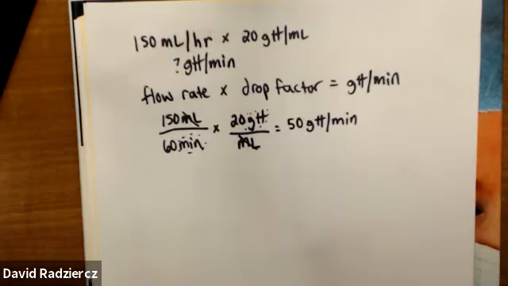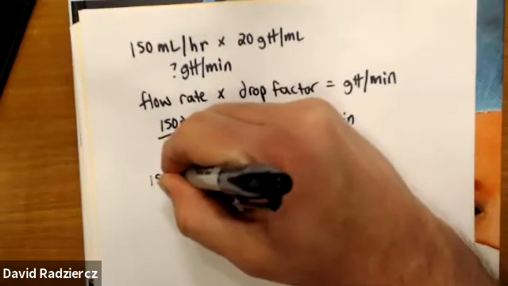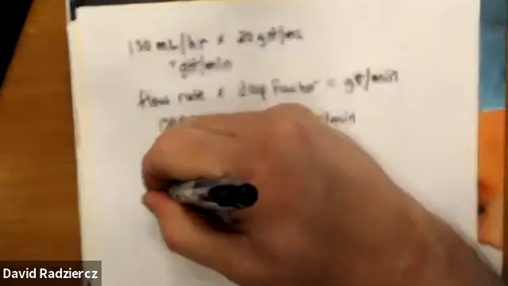Another example, it says a nurse is preparing to give somebody an IV solution that's 150 milliliters to infuse over 3 hours. The drop factor is 10, and we want to know how many drops per minute. So again, it's 150 milliliters. It's infusing over 3 hours.